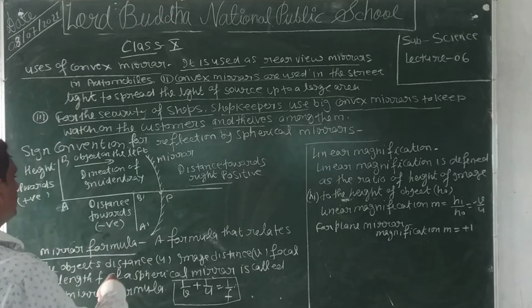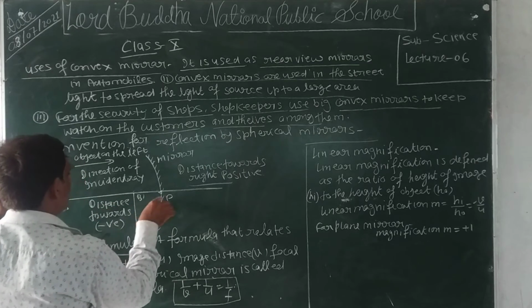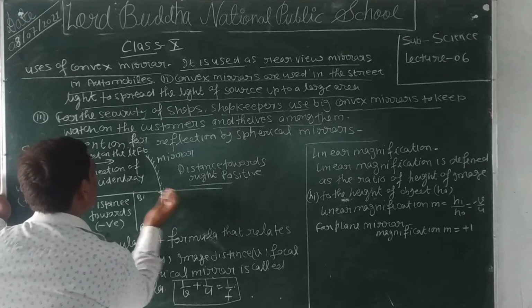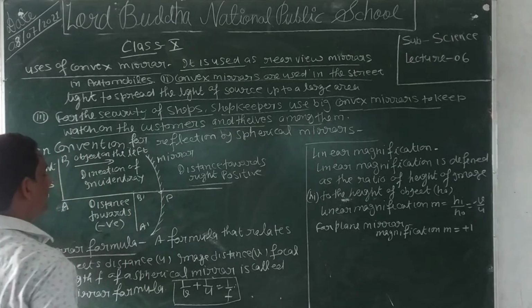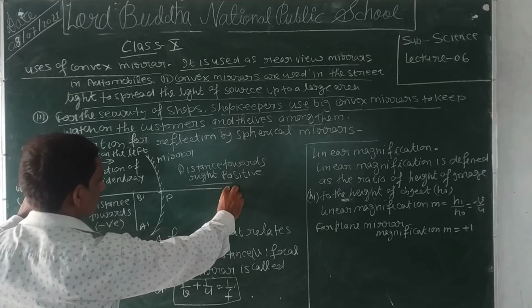Clear? Distance measured on the principal axis left to the pole is taken negative.